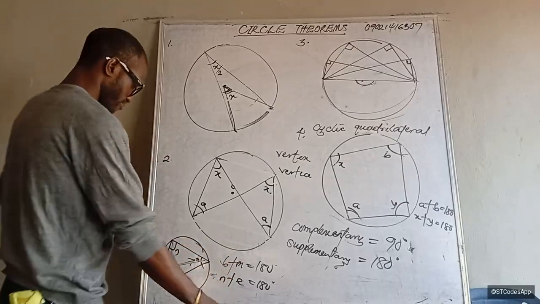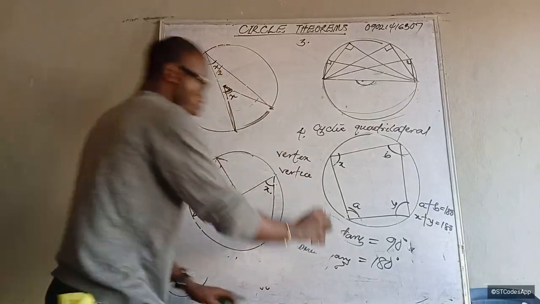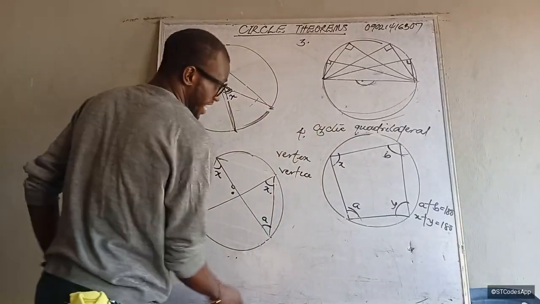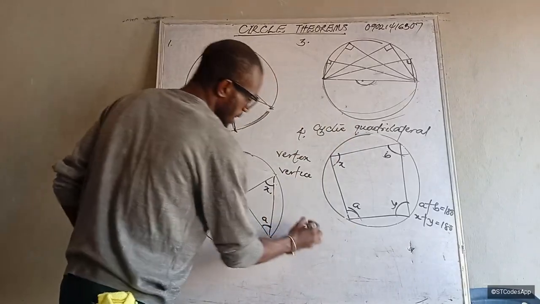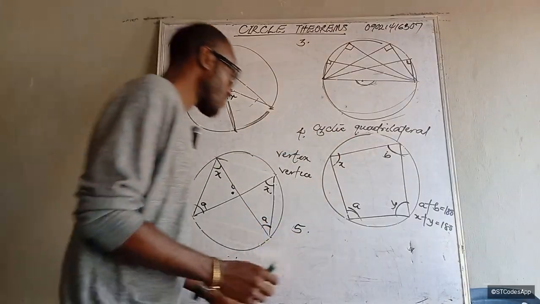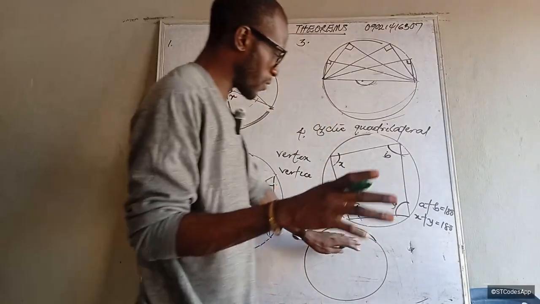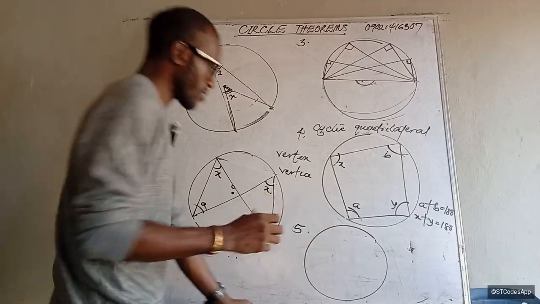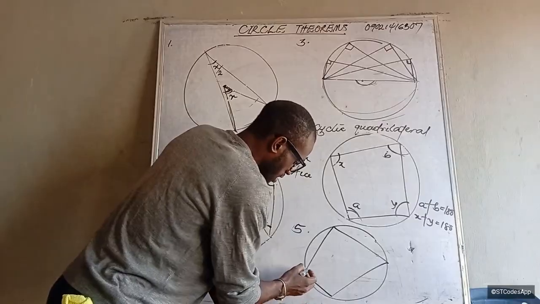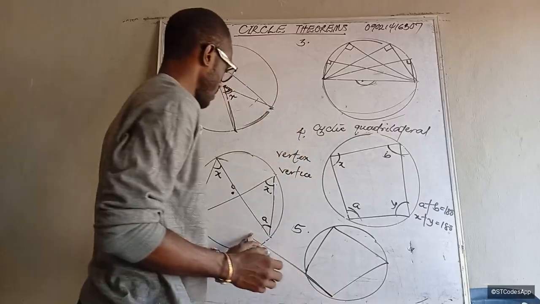Is it clear? Good. Now the fifth axiom is still related to cyclic quadrilateral. Now, listen. This one is not like a special axiom. I'll just add it to this. It's just common sense. If you say that opposite interior angles of a cyclic quadrilateral add up to 180 degrees, what if I extend one side outside?